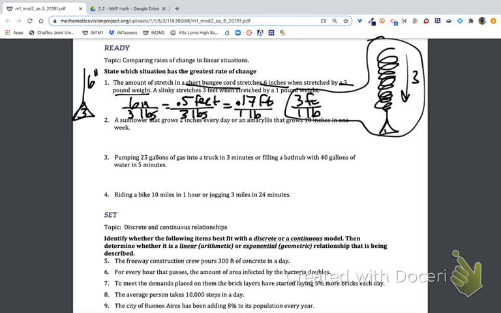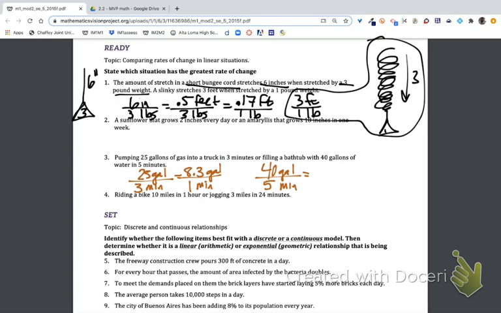For number 3, similar. We were going to try to create a comparable unit rate. So we have 25 gallons of gas in a 3-minute period of time. And if we divide this out, we end up getting 8.3 gallons for every 1 minute of pumping. Not too bad. The bathtub, on the other hand, has 40 gallons every 5 minutes.